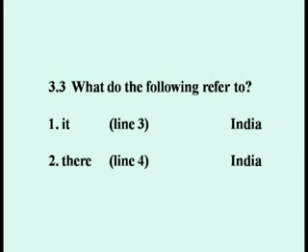Let's look at what the pronoun there in line 4 refers to. To get the answer for this question, you will have to find it in the text. The text says that bananas are grown in the tropics, but they are in demand throughout the world.